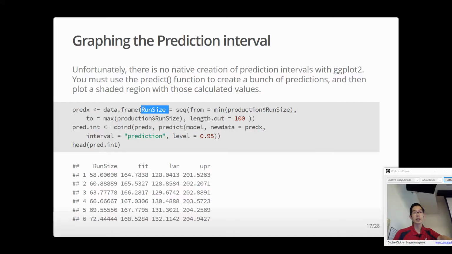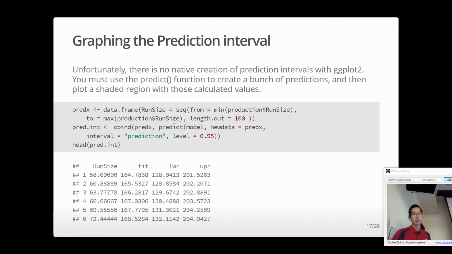It's expecting the data frame to have the name run size, or whatever is being used as the x. If you just say x, it's going to say, I don't know what to do with x, okay? Because the way we've defined our model is runtime as explained by run size, so it tries to match these names, and if it can't match those names, it's going to get confused.